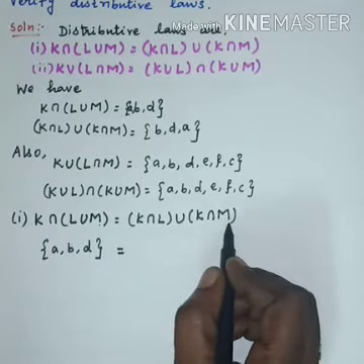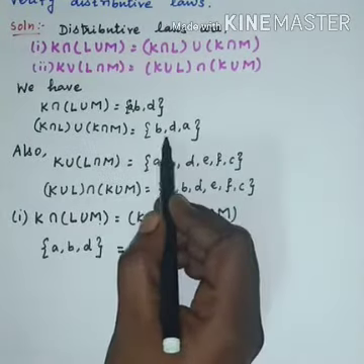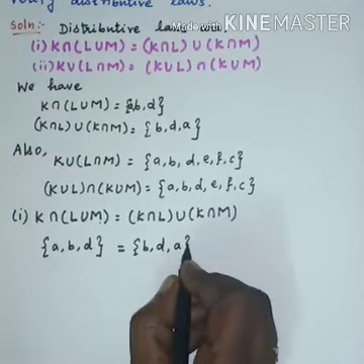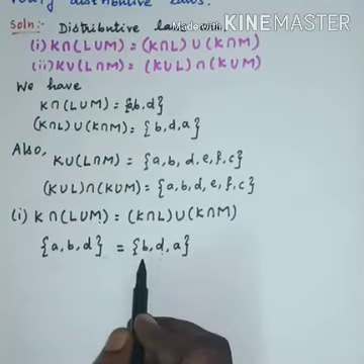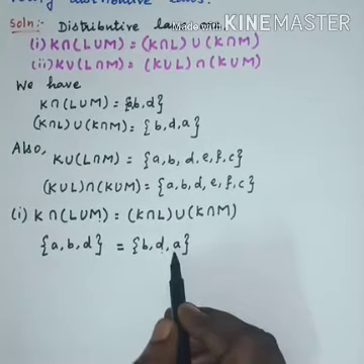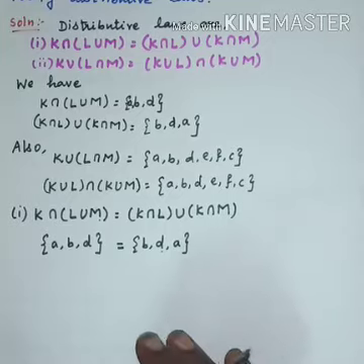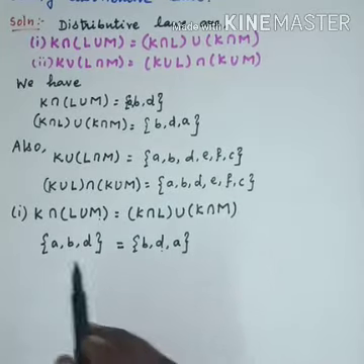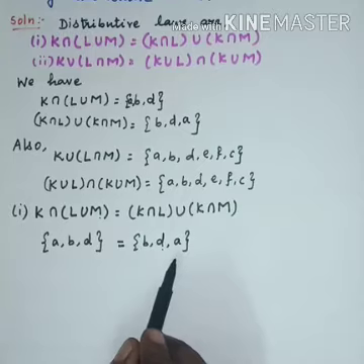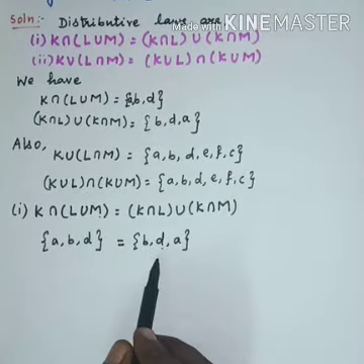This we also already found, so the elements are B, D, A. Both are equal. Here we have A, B, D, and the right hand side also has A, B, D. Only the order changed, it's no problem. So the left hand side and the right hand side have the same elements, isn't it? So this distributive law is satisfied for these elements.